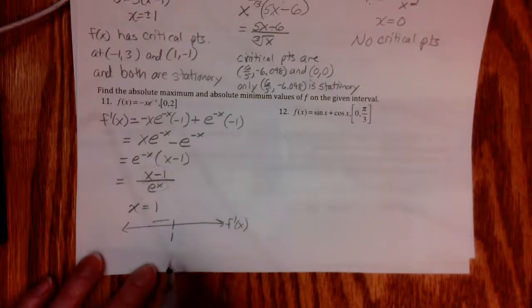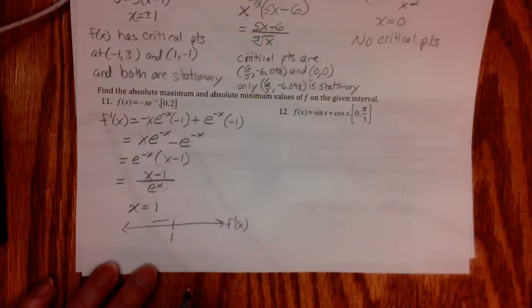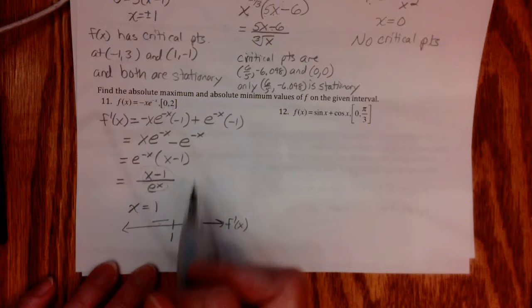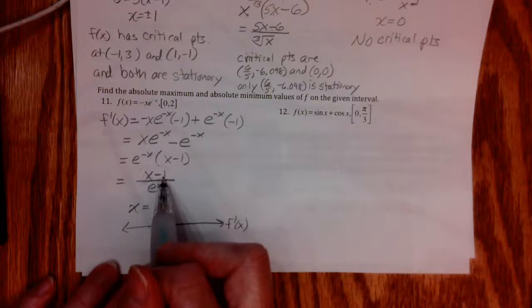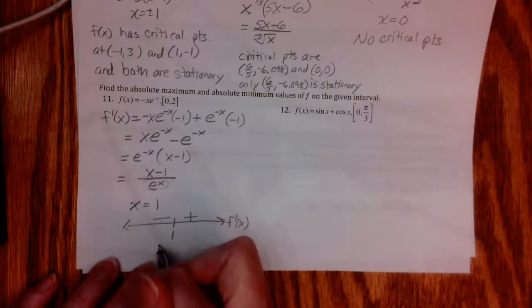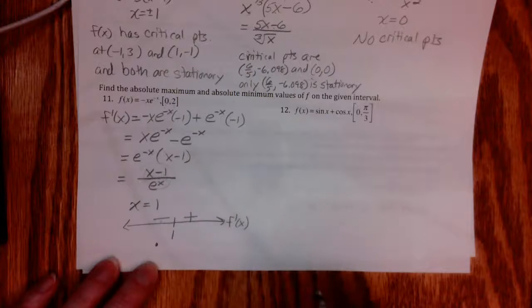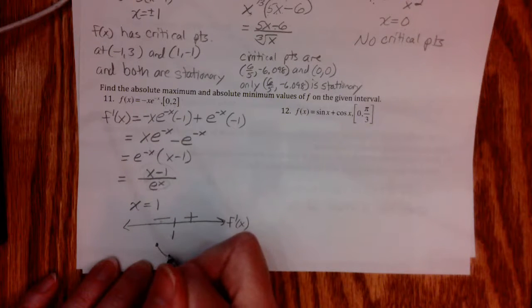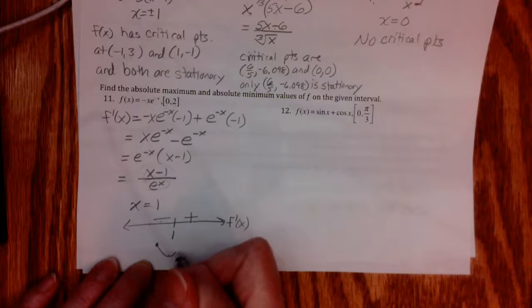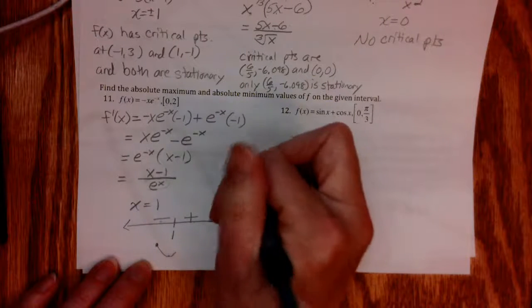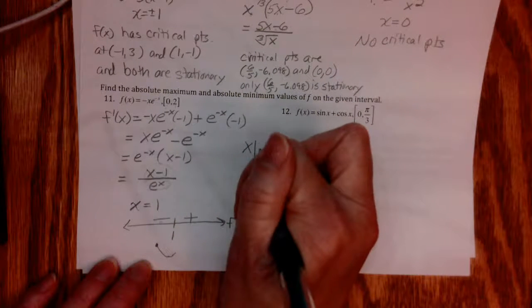This region here is negative, which means my curve is decreasing. If I plug in 2, the other end, 2 minus 1 is positive, e squared is positive. So what happens with this thing is it starts at 0 at something, goes down, goes flat, reaching a minimum, and now before I go back up, I have to know where I go up in relation to where I started. So I'm going to pause for a moment on that and do what we call a candidates test.